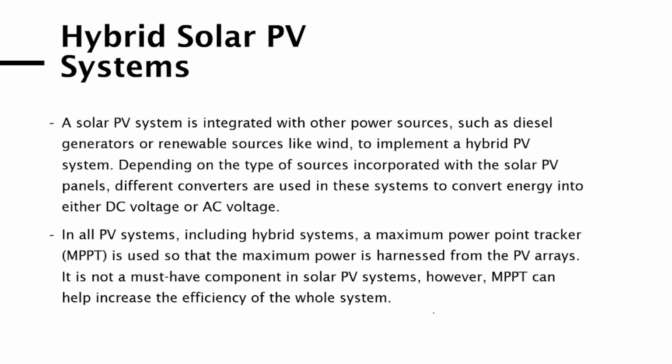In a small PV system, including a hybrid system, a maximum power point tracker, an MPPT, is used so that the maximum power is harnessed from the PV arrays or the solar panels. It's not a must-have component in a solar PV system, but usually having an MPPT can be beneficial or can help increase the efficiency of the whole system. So you are pulling most of the energy from the solar panels.